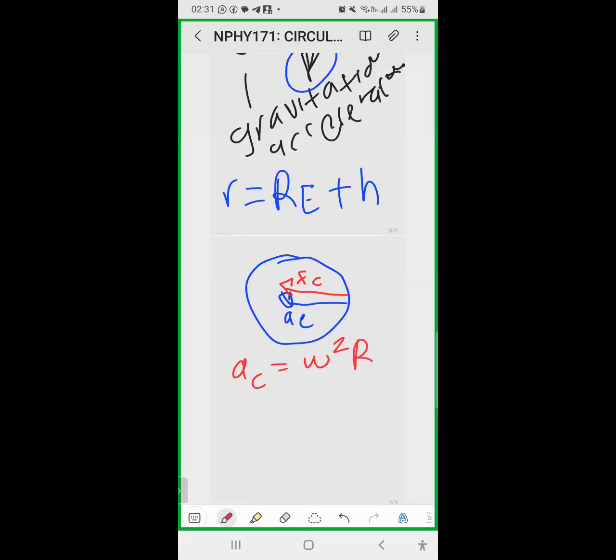When we apply Newton's second law, we know that F net is equal to ma.